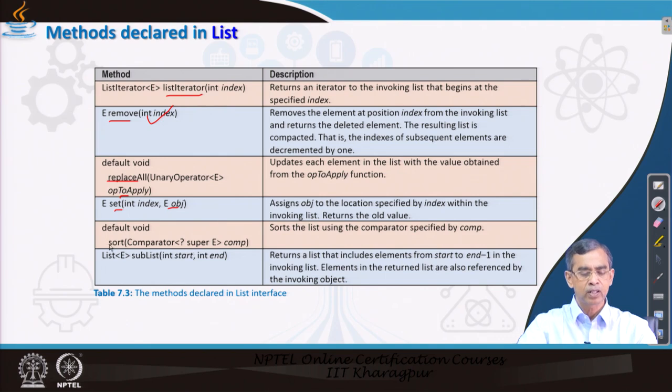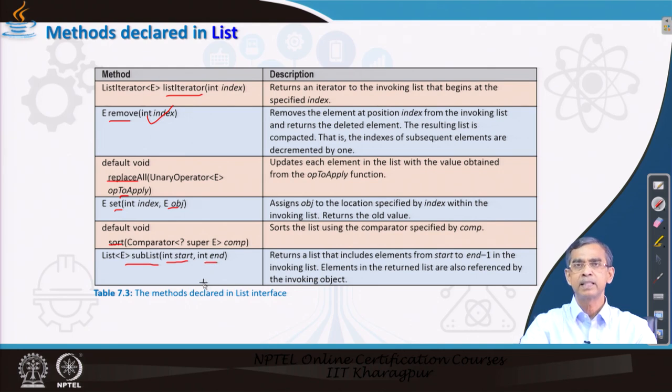And this is one more method, the sort. If you want to sort all the elements in an order, it is applicable for numeric type data. So, it is essentially a sorting method. And sublist is a part of a list, starting from a particular location to an end.